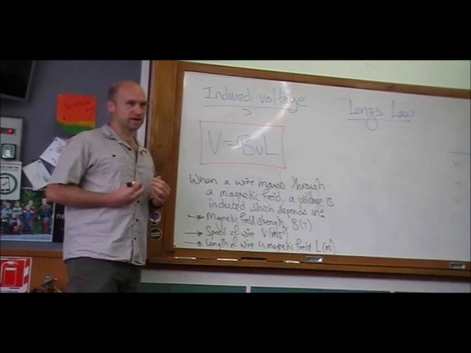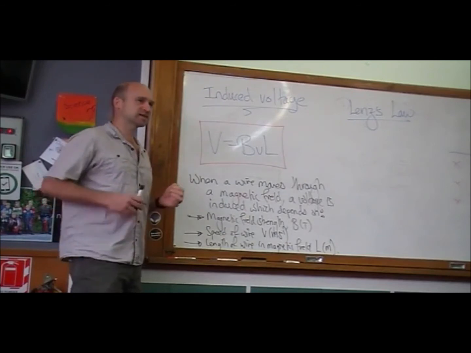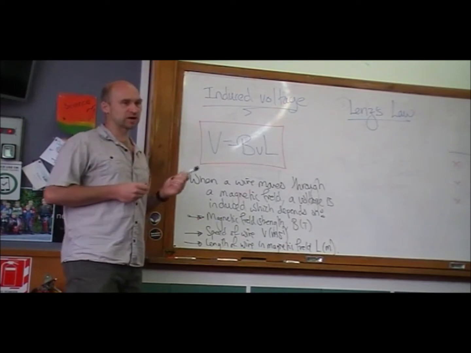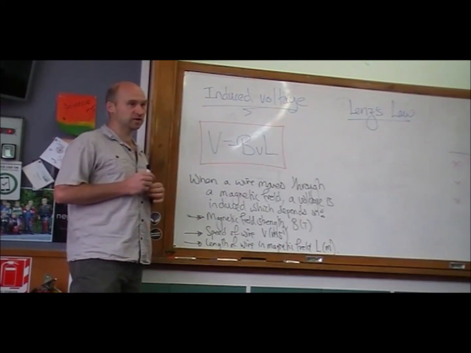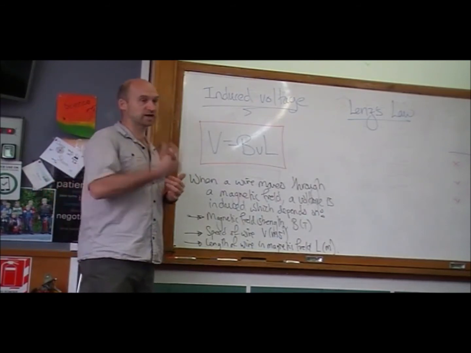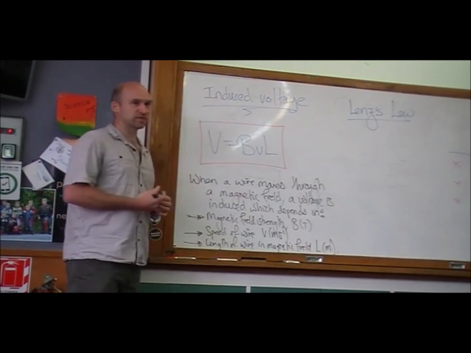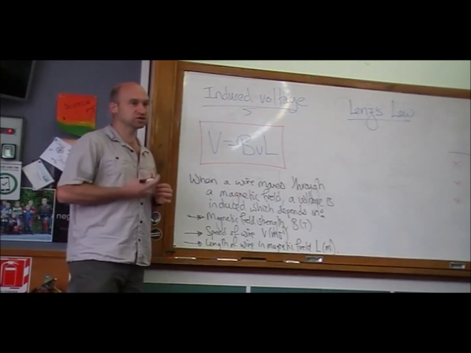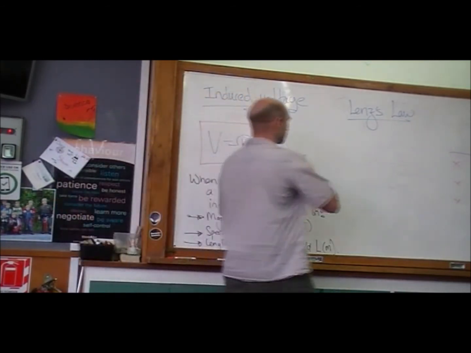Current flowing through a magnetic field causes a force. And that brings us to Lenz's law. Lenz's law helps us find the direction of that current flow. Lenz's law is that the induced voltage will create a current flow that will create a force that will oppose the change that's taking place. The key thing is that it opposes the change.